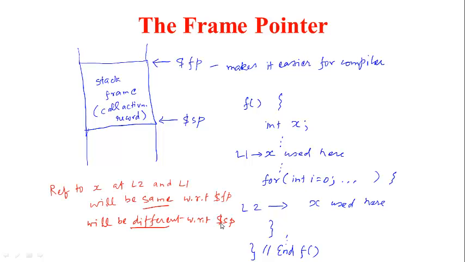The answer is that the reference to x at points L1 and L2 will be the same with respect to $fp. However, it will be different if you access it with respect to $sp. And the reason is that the stack has grown from point L1 to L2 to accommodate this additional local variable I.